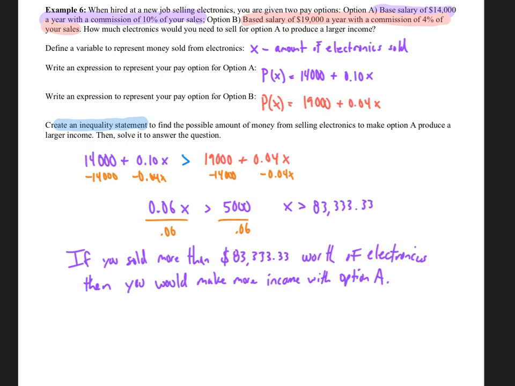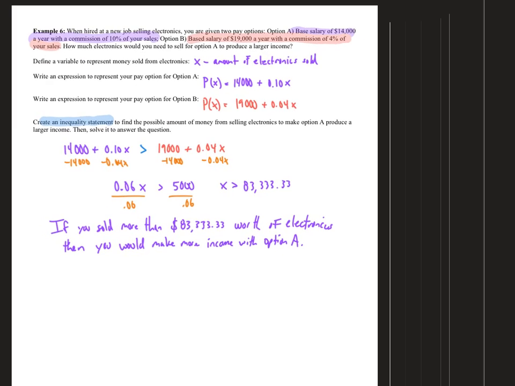Another way to interpret or do this problem would be to graph it. This being amount sold, since that's our independent variable, and then income over here.